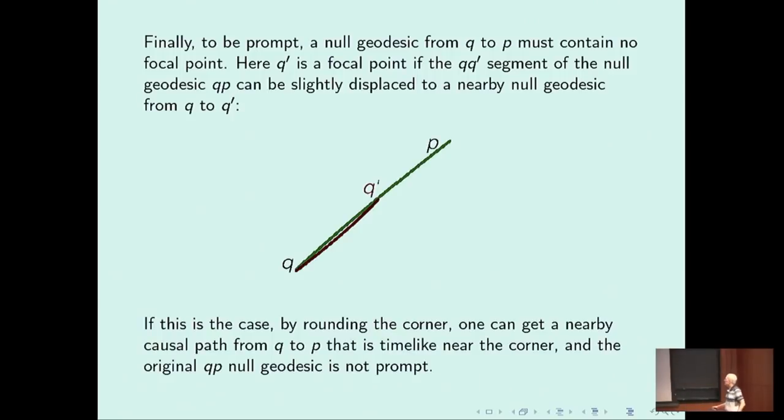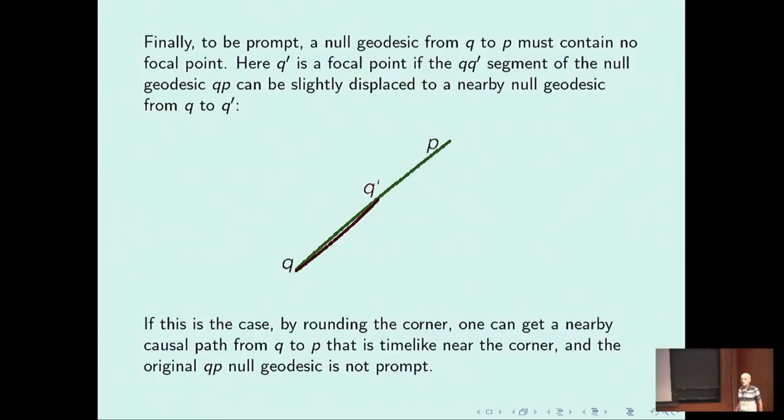So if there's a focal point in the QP geodesic, by deforming it and then rounding off the corner, you get a nearby causal path that's time-like near the corner. And since it's time-like near the corner, a further modification would put you strictly in the past of the green segment between Q prime and P. So any questions about that?